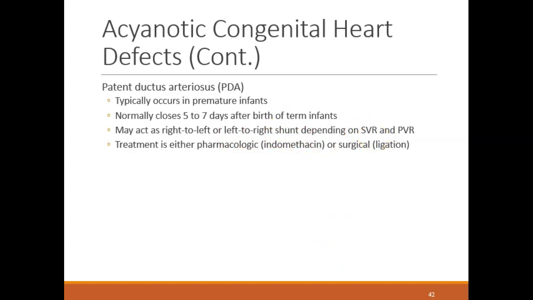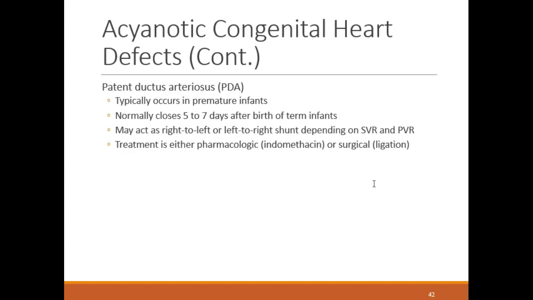So if my systemic vascular resistance is higher, the blood is going to want to flow back through this to the right side of the heart. If your pulmonary vascular resistance is higher, it's going to flow from the right to the left side of the heart. So depending on where the vascular resistance is greatest, the blood is going to scoot through the other way.